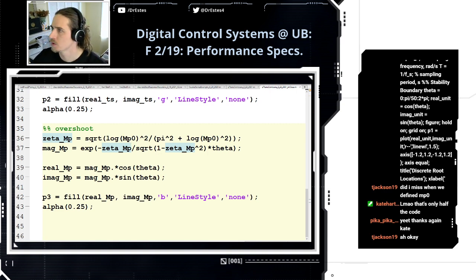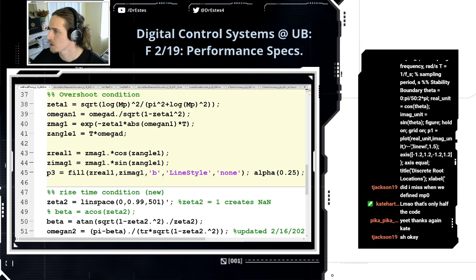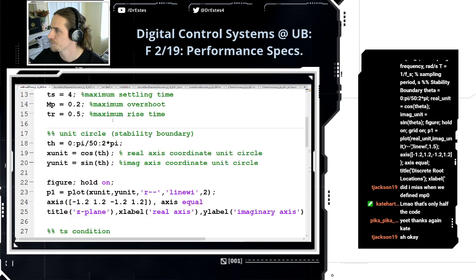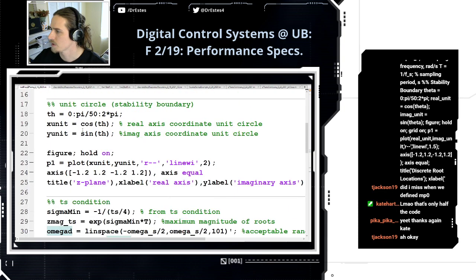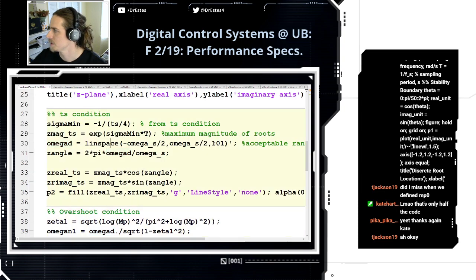Okay, what I'm going to do, I'm going to grab some code from something I know that was working, because I did this a little differently last time. Omega D. Sorry, I know this code is similar, but it's a little bit different.